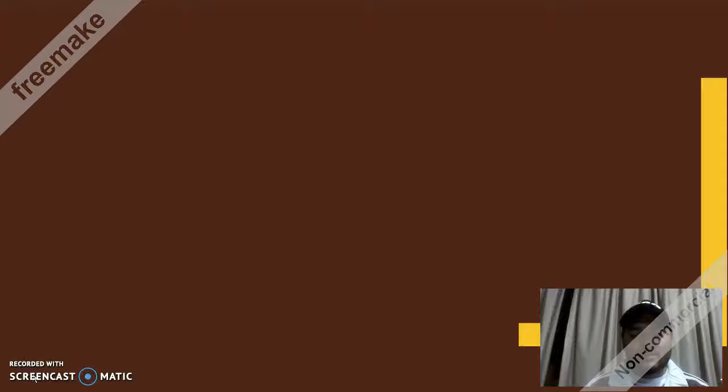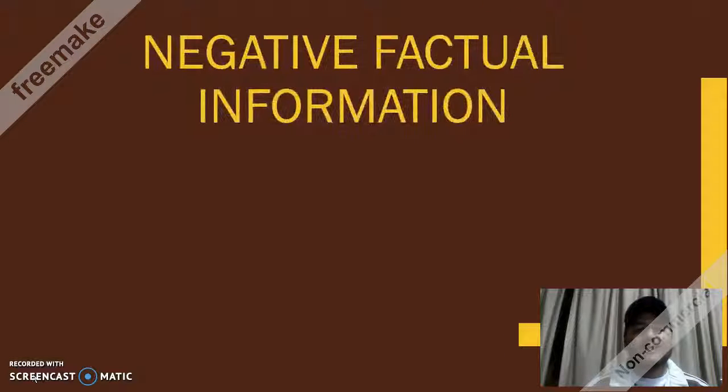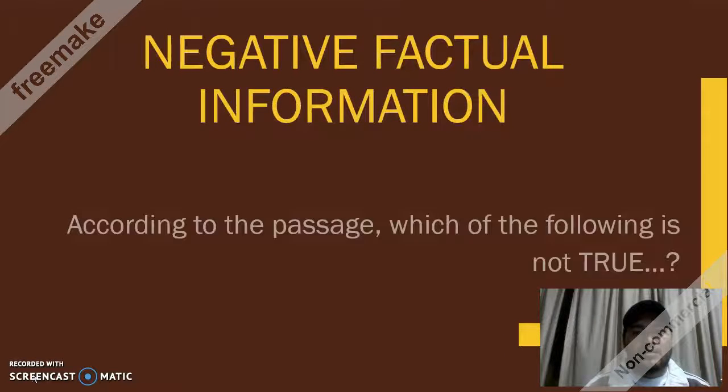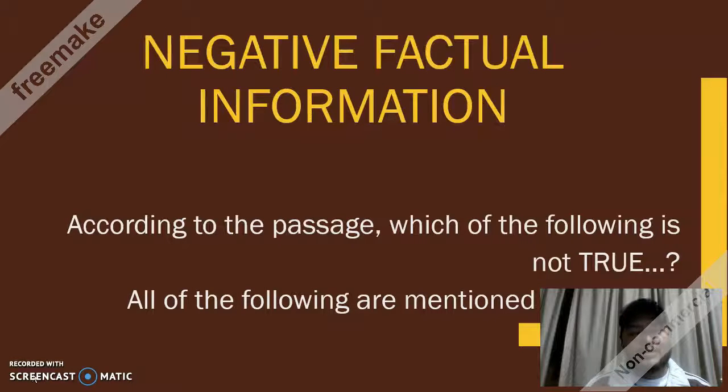So the next type of question is negative factual information. In this case, we also have some clues, that is the words not true. In this case, it is according to the passage, which of the following is not true, or we can also see all of the following are mentioned except.